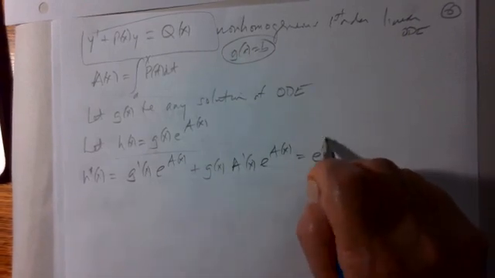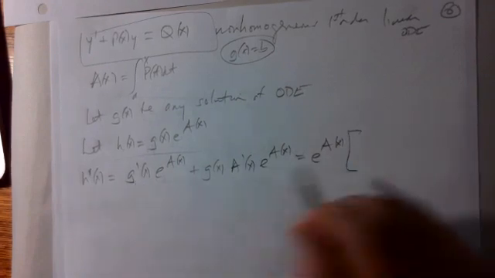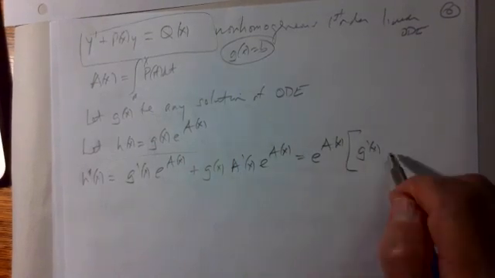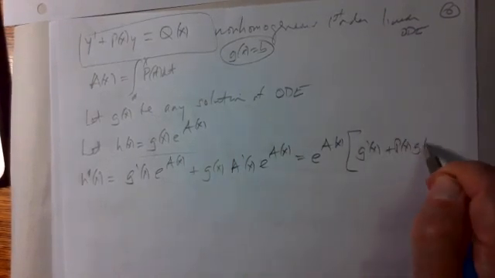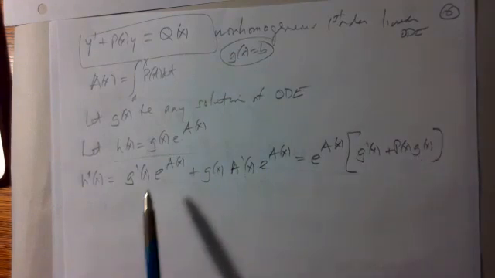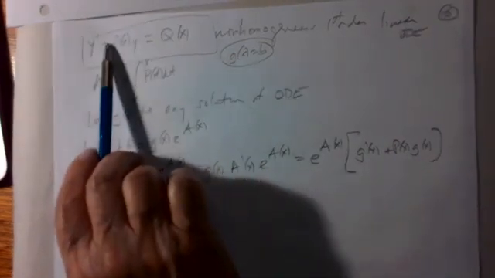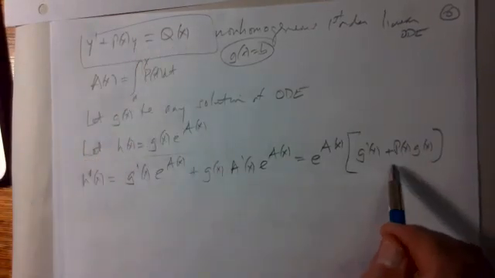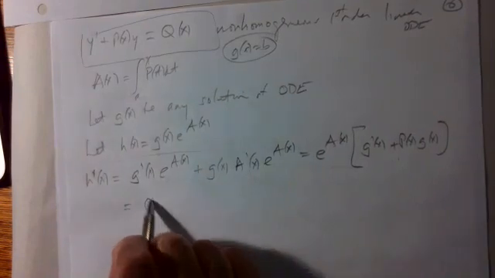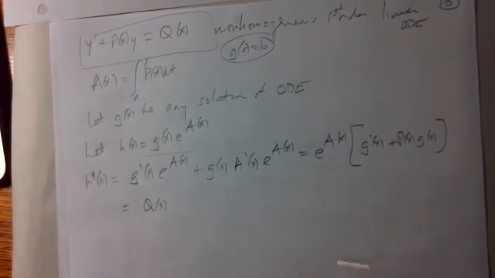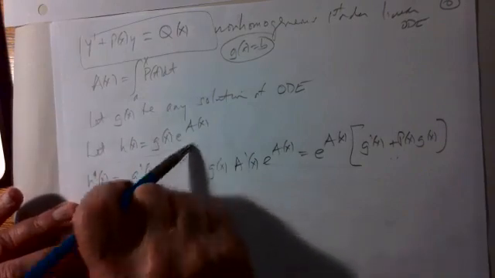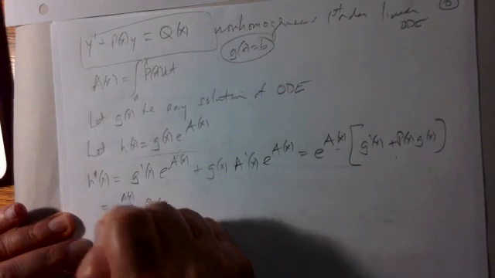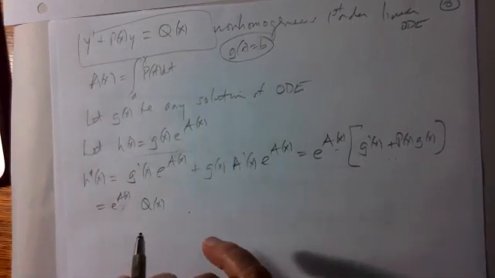If I factor out an e to the A of x, I have g prime of x, and A prime of x is p of x, p of x, g of x. Now, if g is a solution of this equation, g prime plus p times g is q of x. So what we have is e to the A of x times q of x.